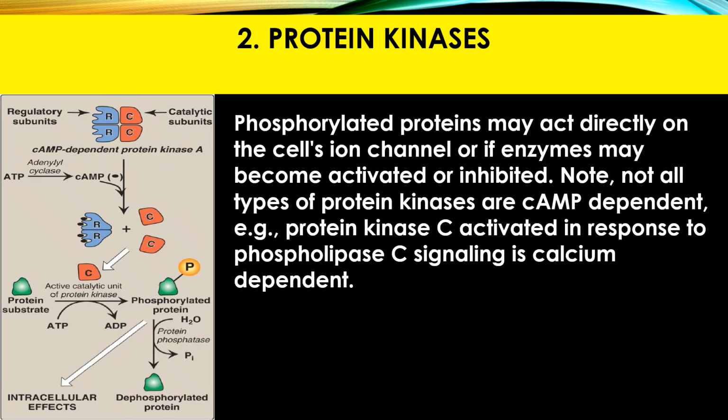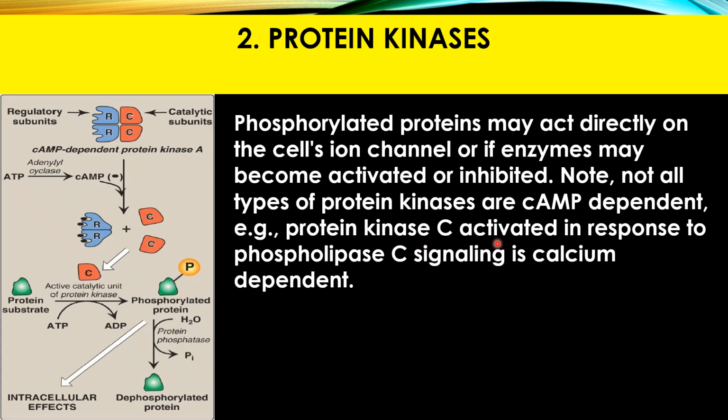The phosphorylated protein may act directly on the cell's ion channel, or enzymes may become activated or inhibited. As we have already discussed, the phosphorylated protein has some effect on the cell, so it may activate or inhibit some activity of the cell. Not all types of protein kinases are cyclic AMP dependent.